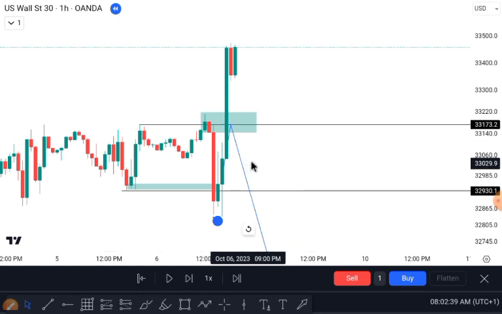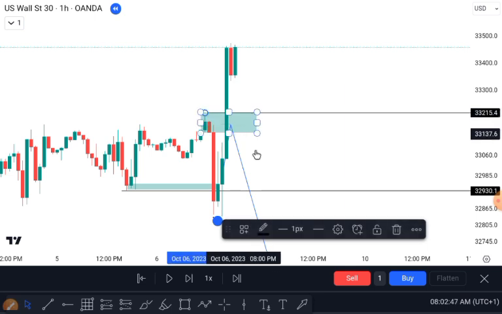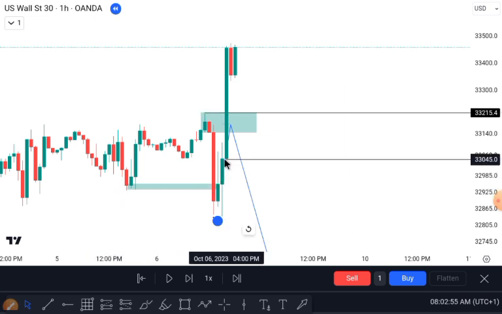So we are going to mark the high of this other block, and then the low of this breaker candle. Do you see it? Good. In between the high of this other block and the low of this breaker candle becomes our breaker block.